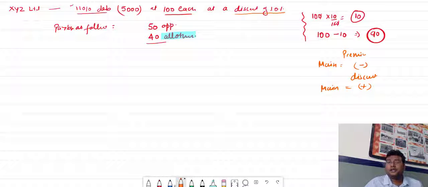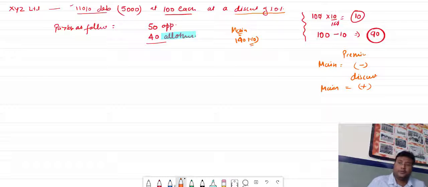So after deducting the 10 rupees of discount, the allotment is showing 40 rupees. So what is the main value of allotment? 40 plus 10 is equal to 50 rupees is the main value. Always remember.